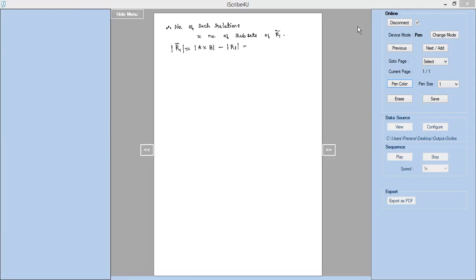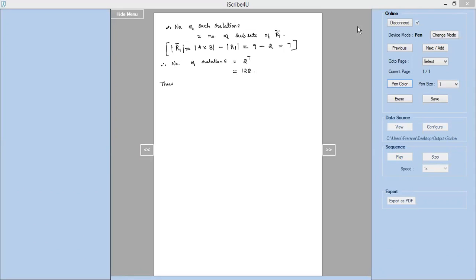There are 9 elements in A cross B and R1 has 2 elements, since R1 is the set {(1, 2), (1, 5)}. So this is equal to 7. Now the number of required relations becomes the number of subsets of R1 complement, which is 2 power 7, which is 128.